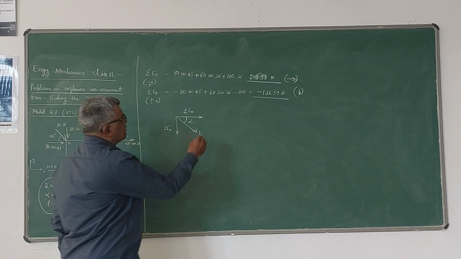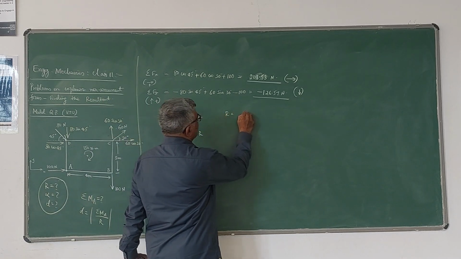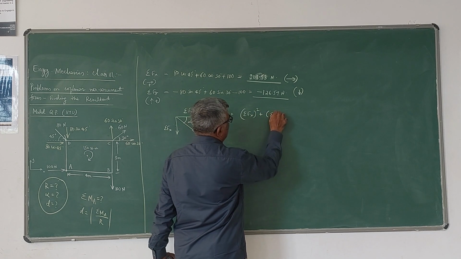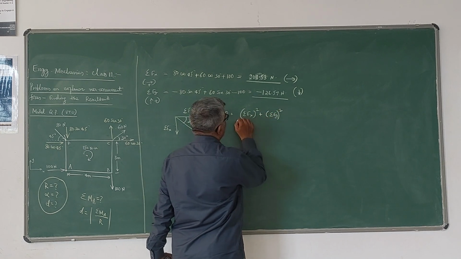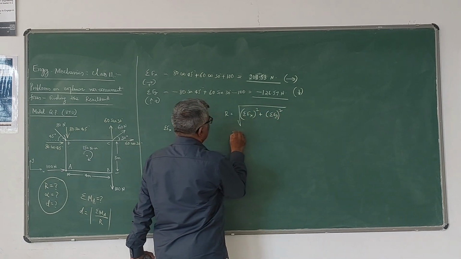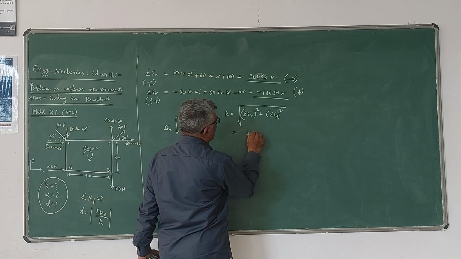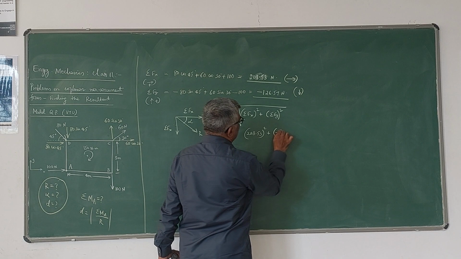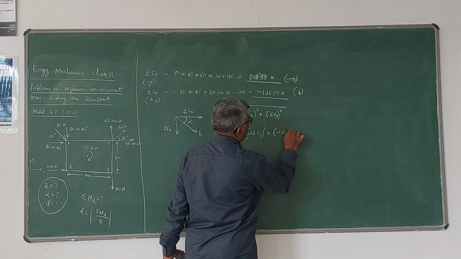Now you can find the magnitude R, which is the square root of sigma Fx square plus sigma Fy square, that is the square root of 208.53 square plus minus 126.57 square.